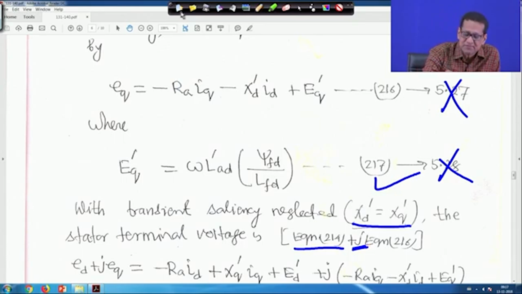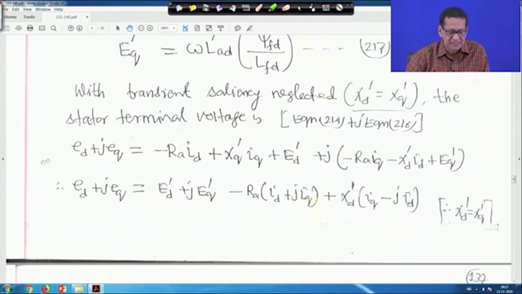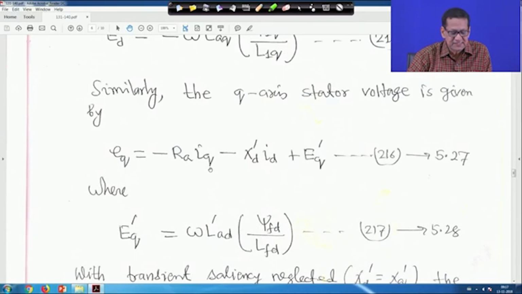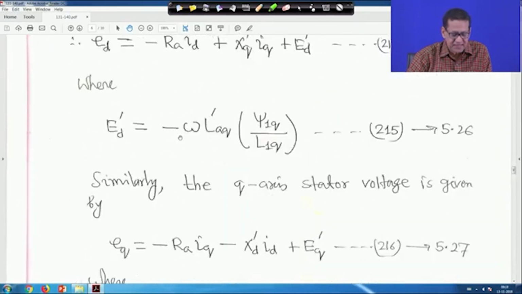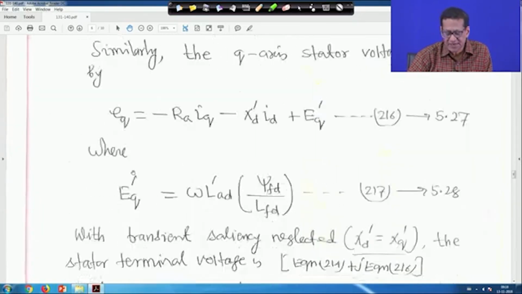This mathematical manipulation gives E d plus j E q, which is minus R A I d plus x q dash I q plus E d dash plus j in bracket minus R A I q minus x d dash I d plus E q dash. This is E d plus j E q.